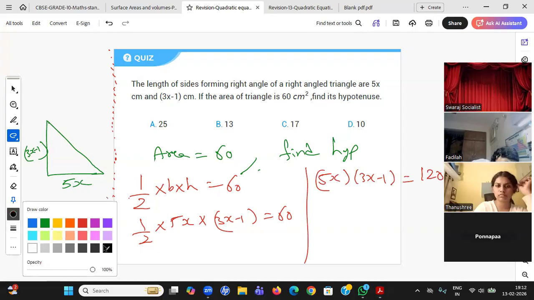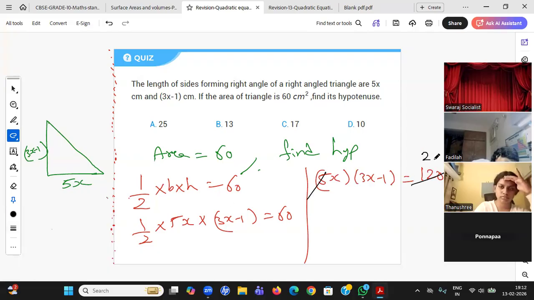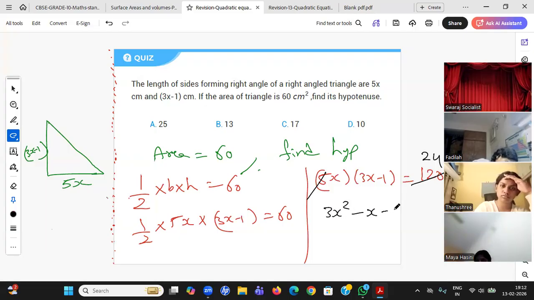Here only I can cancel the thing. 5 2s are 10, 5 4s are 20. So 3x square minus x minus 24 equal to 0. So by this I can find x value. After finding x, I can find the hypotenuse.